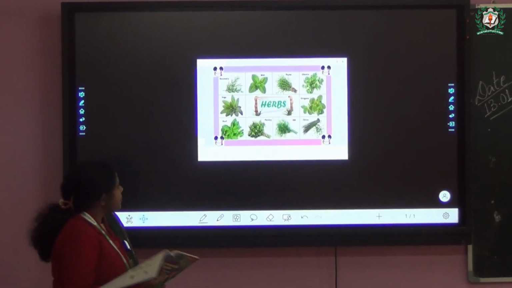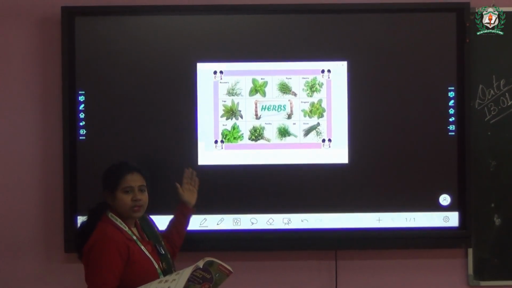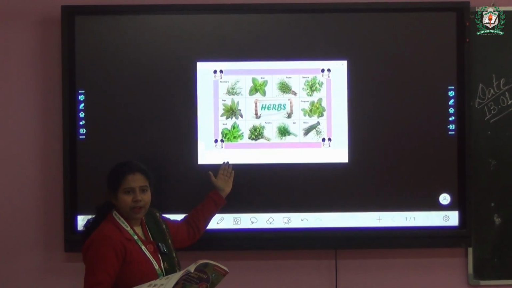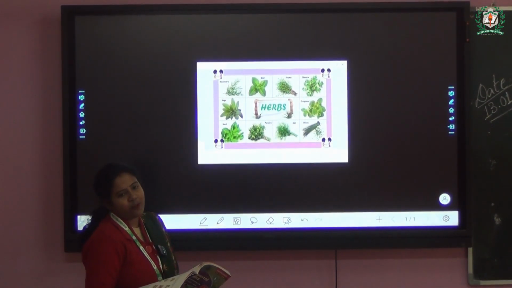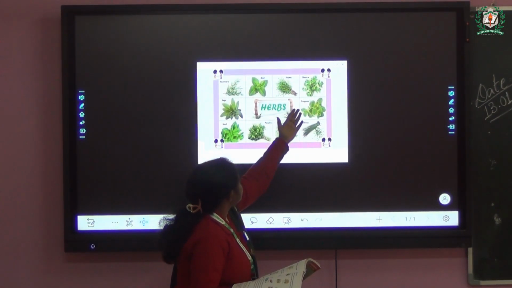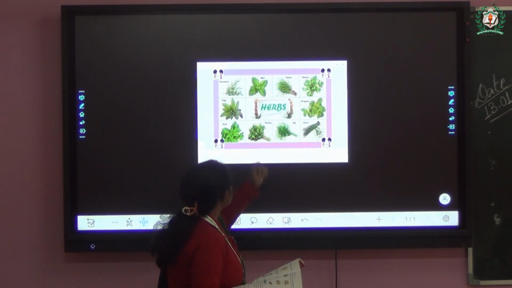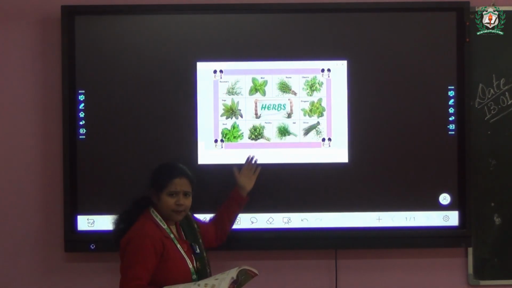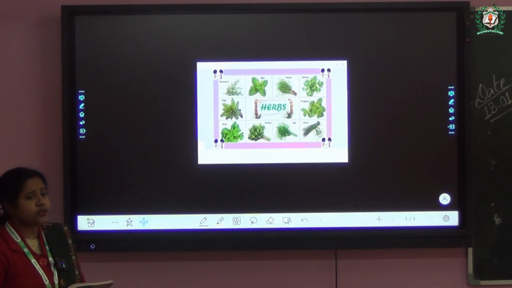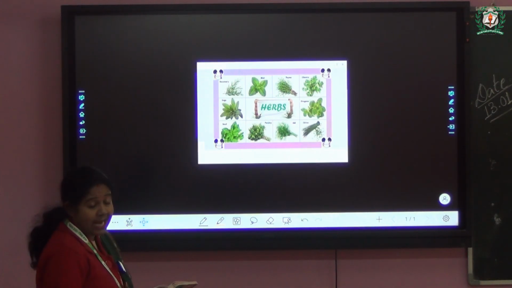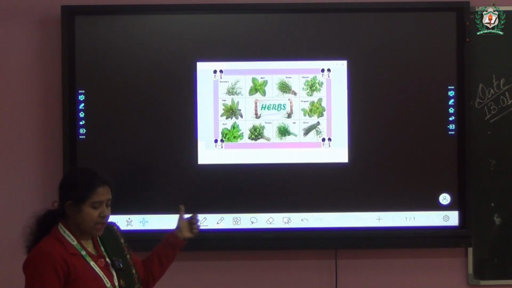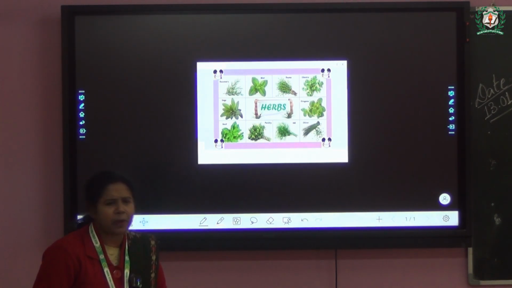Yes. First see the picture, children. Once you see the picture, through the examples only, you can guess the characteristics of herbs. The common herbs here are mint, cilantro, oregano, parsley, basil. These are a few common examples of herbs. Now we need to know the characteristics of herbs. The first point is that these are very small plants.